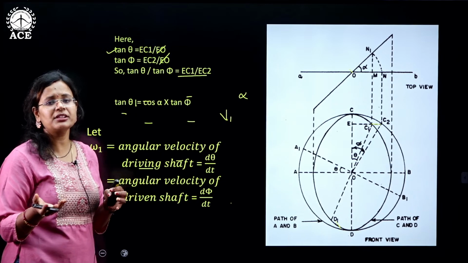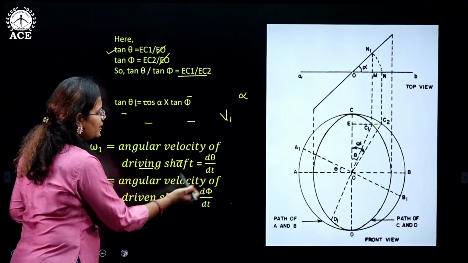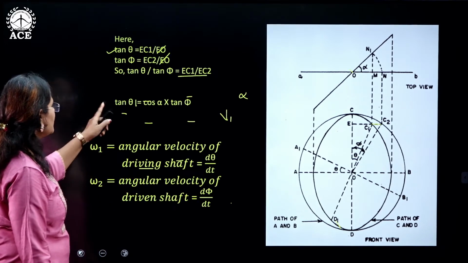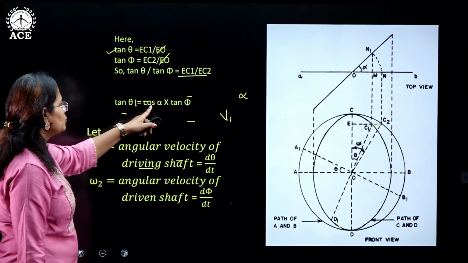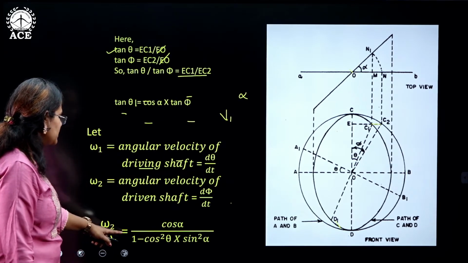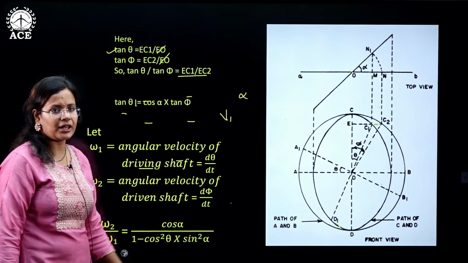So omega is nothing but the differentiation of the angular displacement, which is d theta by dt, and omega 2 is d phi by dt. So finally when we differentiate this term, tan theta is equal to cos alpha into tan phi, we finally get omega 2 by omega 1 is equal to cos alpha by 1 minus cos square theta into sin square alpha.